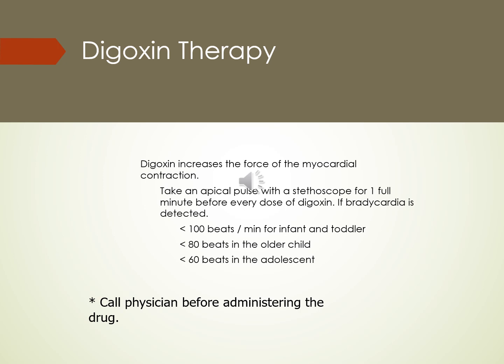If you suspect bradycardia or their heart rate is too low, you want to make sure that you call the physician before administering the drug. So it needs to be above 100 beats per minute for an infant and a toddler to give digoxin. It needs to be above 80 in the older child and above 60 in the adolescent.